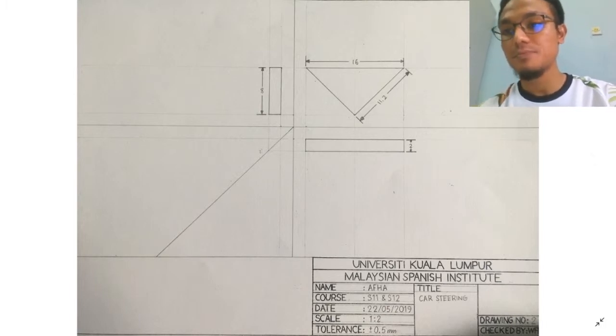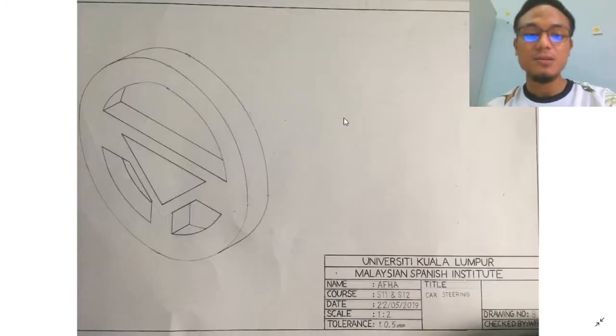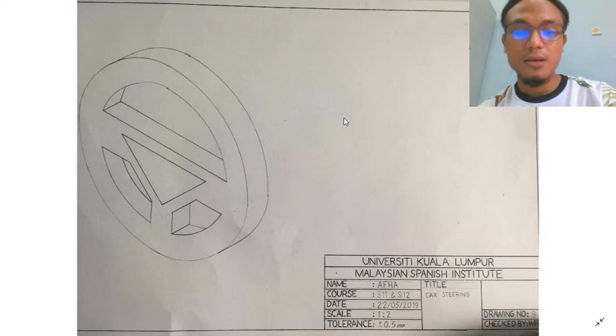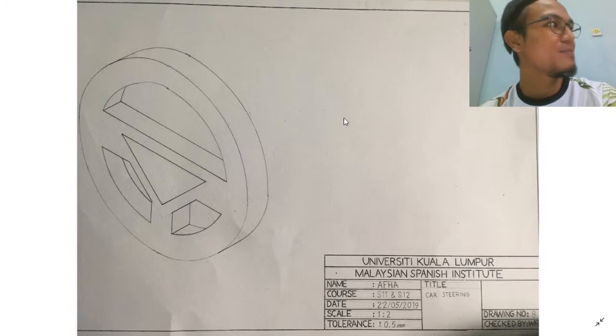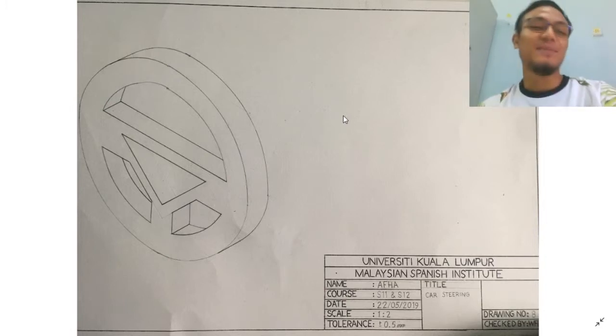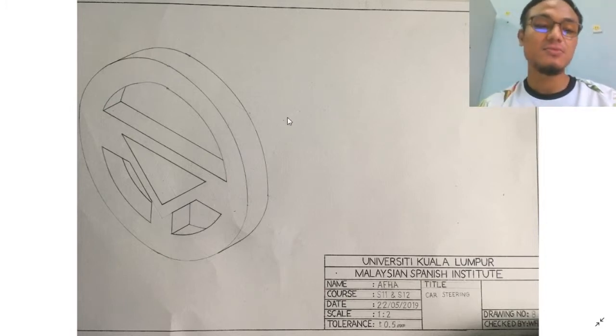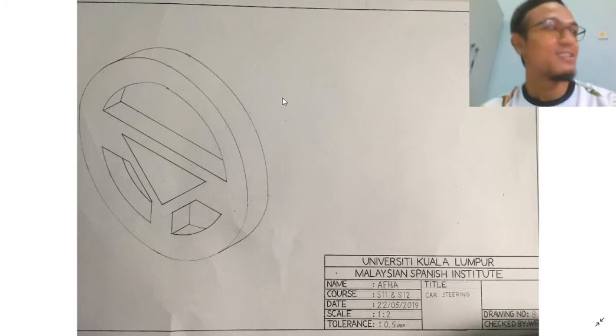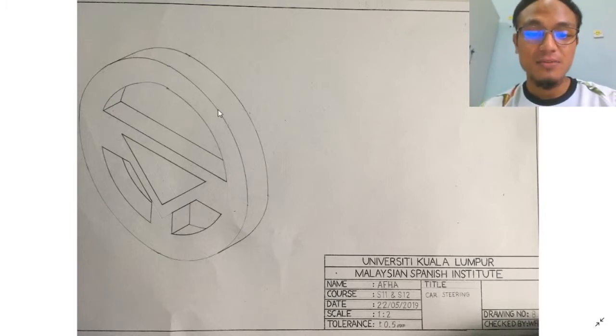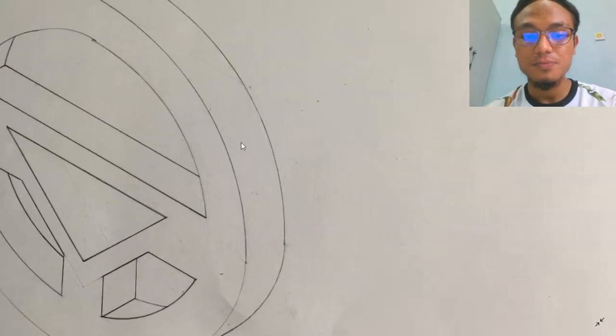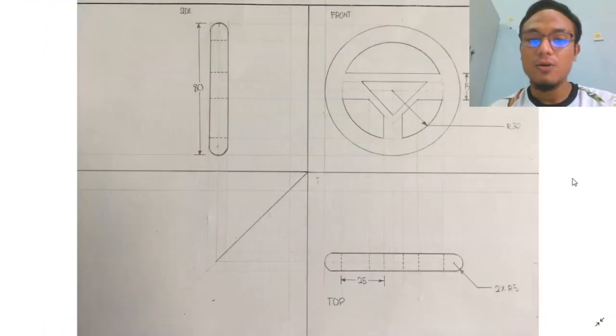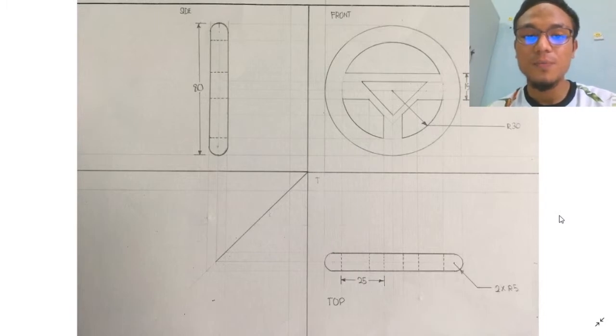For our car steering, this is the drawing drawn by Mr. Adam. This is not a Volkswagen logo. This is a car steering. This is the isometric view of our steering. Now I will show you the orthographic view of our car steering.